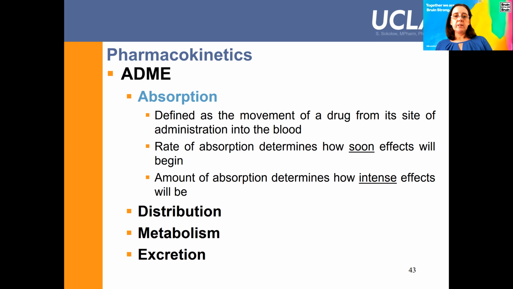Because if the drug can move freely into the bloodstream, and from there is carried to the site of action, you can understand that if a drug is absorbed quickly, then you'll have a faster response.